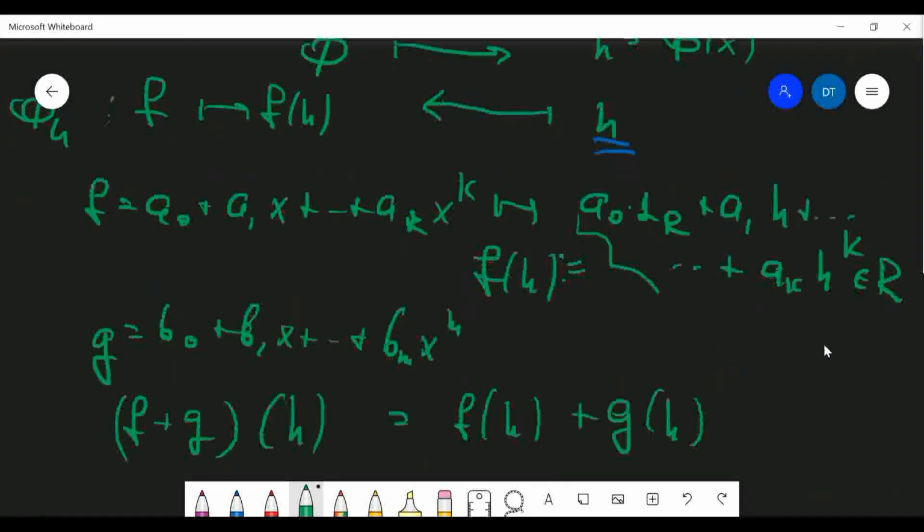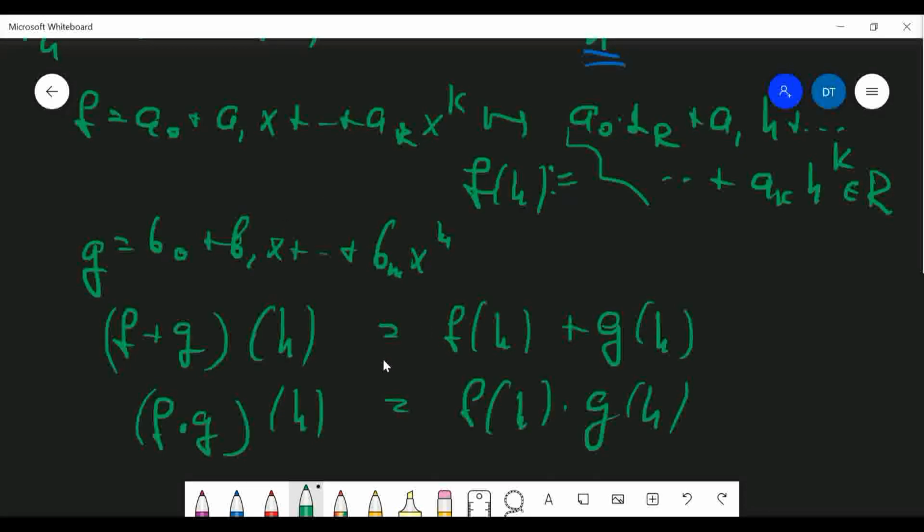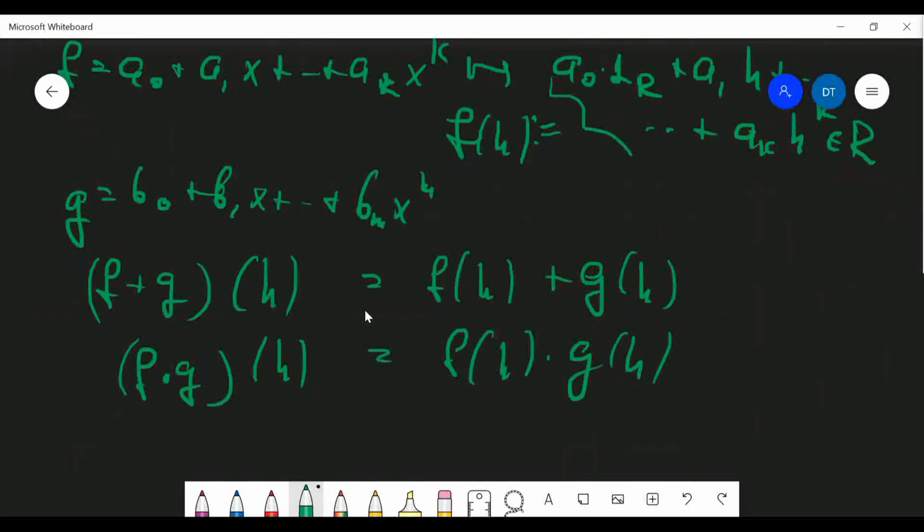And exactly the same thing happens if you do it with multiplication. And as you can see, if you take the polynomial which is 1 and you apply this rule, since it doesn't depend on x, it also goes to 1 via this rule.